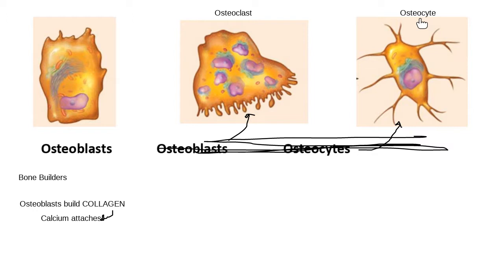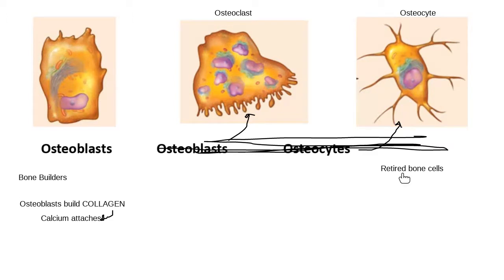Does anyone happen to remember from the guided lesson? What did I tell you to kind of think about with osteocytes? What did I call osteocytes? Anyone remember? Yeah, so I like to think of osteocytes as the retired bone cells.